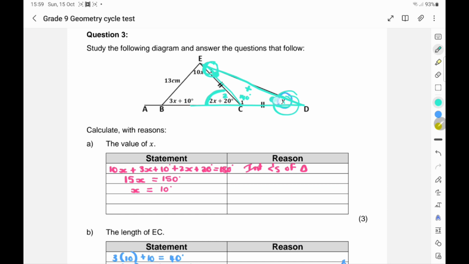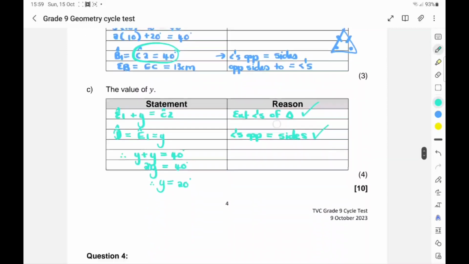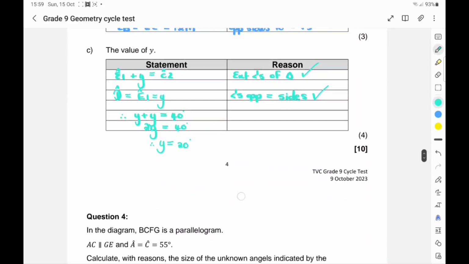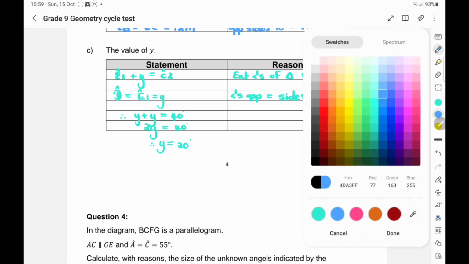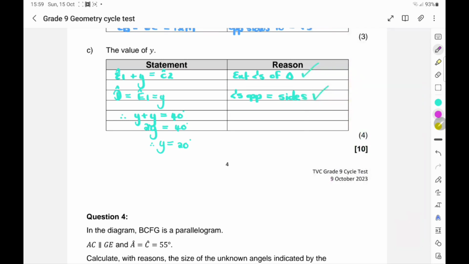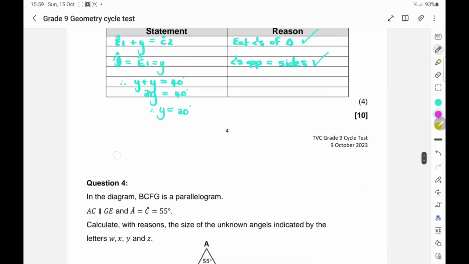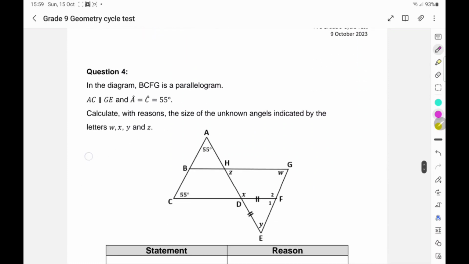So then those two are the same, so Y plus 140 gives you 180, and then so 2Y is equal to 40, thus Y is 20. Okay, this one is just a little bit faster. So if you can use your exterior angles of a triangle, that's wonderful. But if you can't, you can take a longer way to get there as long as you note all the statements and reasons.